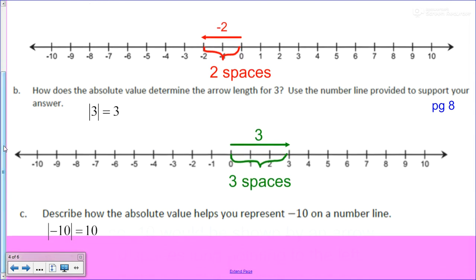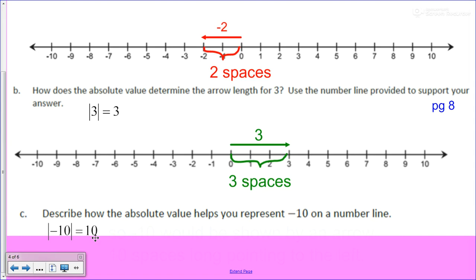Okay, so then letter C asks us to describe how the absolute value would help us represent -10 on a number line. This time we don't have a number line, we have to use our words. Okay, so we know that the absolute value of -10 is positive 10. Again, it's always positive. Absolute value is always positive, right? So my arrow is going to be 10 spaces long.